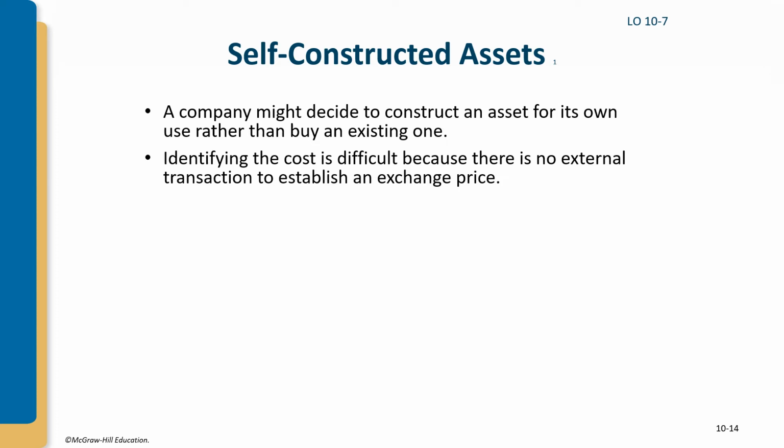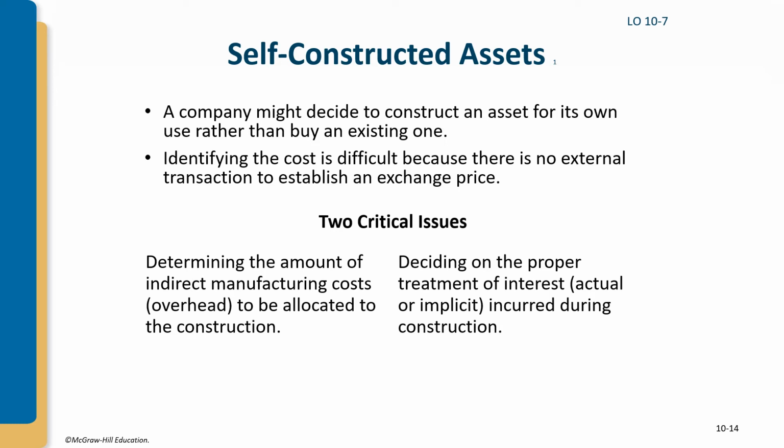Identifying the cost is difficult because there is no external transaction to establish an exchange price. So what do you debit your asset account for if you're building the asset? So, two critical issues with self-constructed assets is determining the amount of overhead to be allocated to the construction and deciding on the proper treatment of interest that you pay during construction.